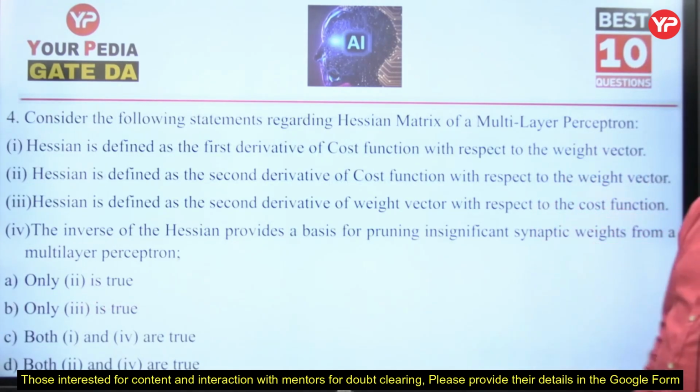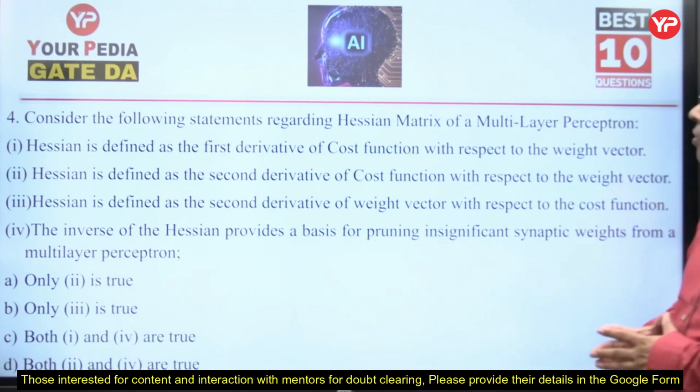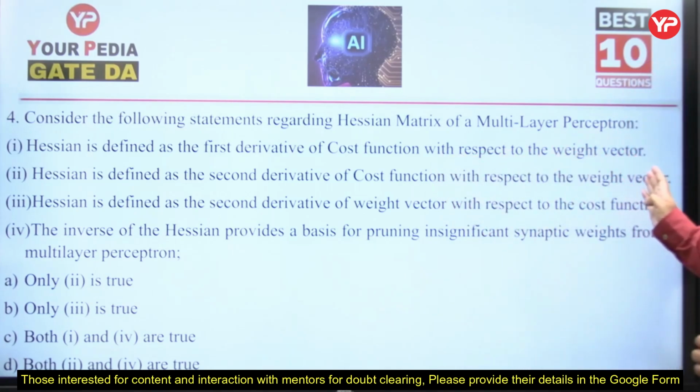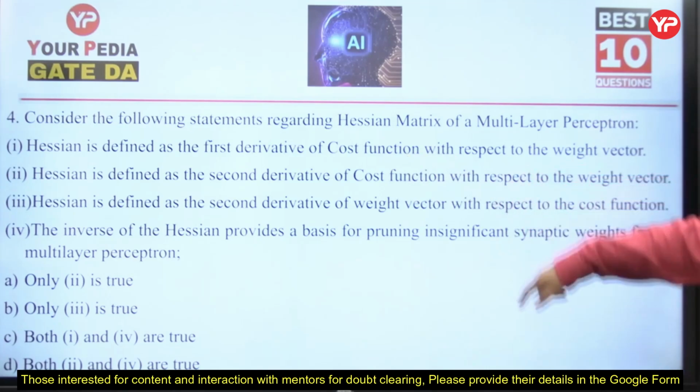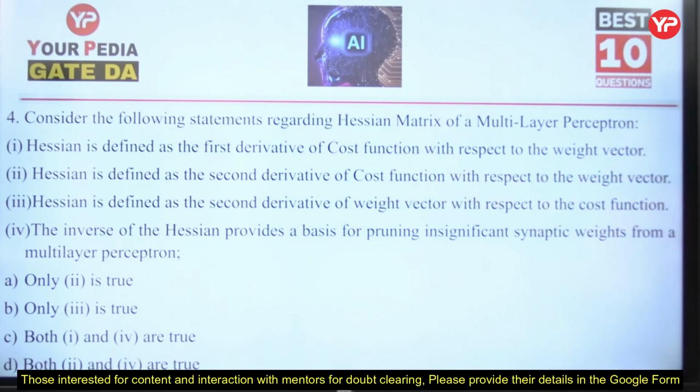Now coming to the Hessian matrix. Consider the following regarding the Hessian matrix, the higher order, second order matrices of a multilayer perceptron. Hessian is defined as the first derivative of cost function with respect to the weight vector. No, Hessian is the second derivative. Hessian is defined as the second derivative of cost function with respect to the weight vector.